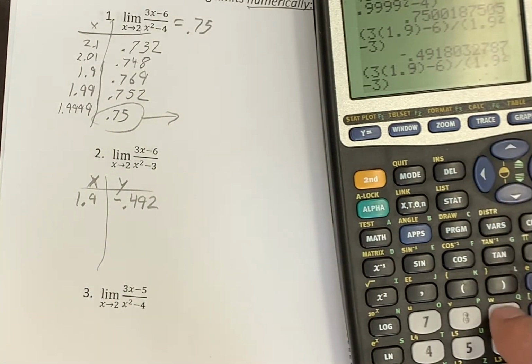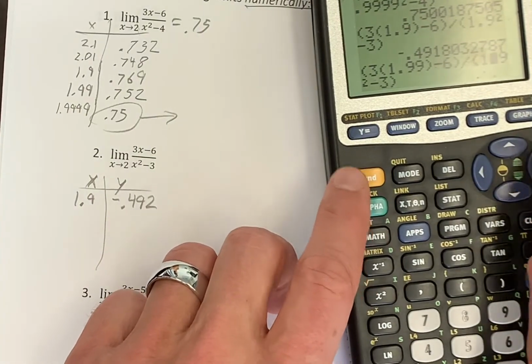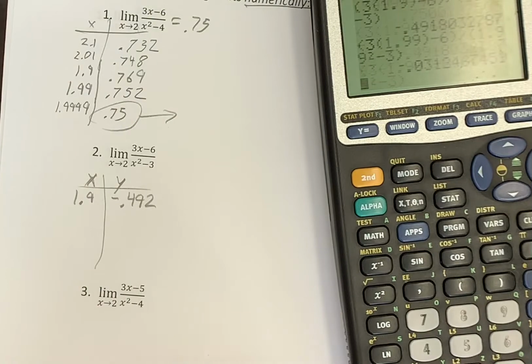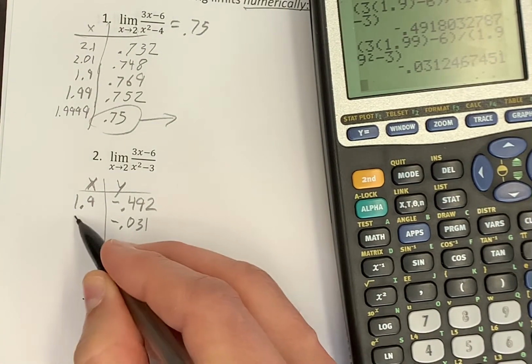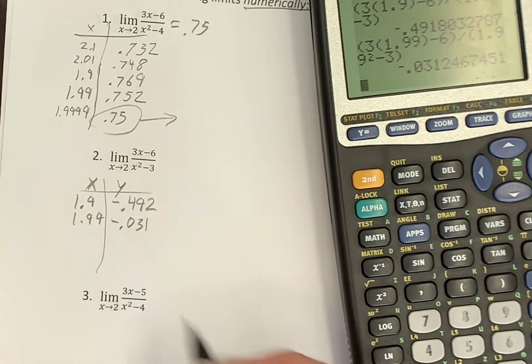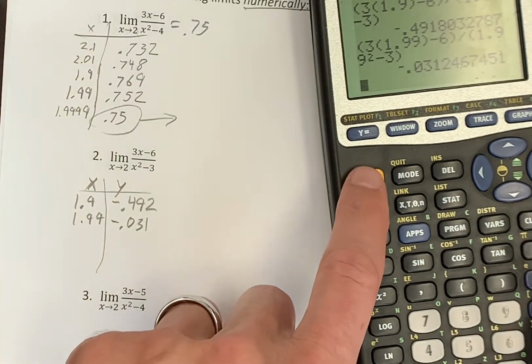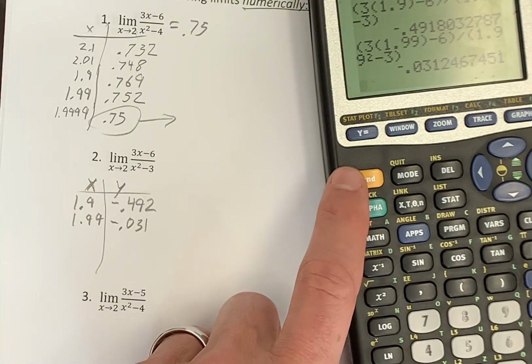Or if I added another 9, negative 0.031. Oh my, that's getting close to 0 on that side. Well, I need to be near, not at. Don't plug in 2, but plug in things close to 2.